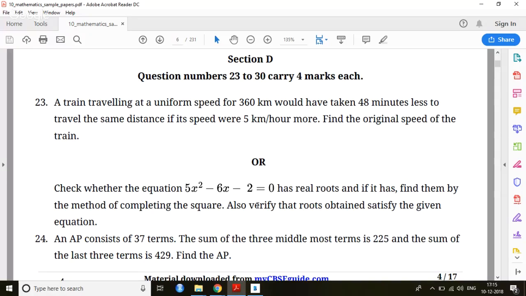So a1 by b1 is 3 by 5. Now the area of the triangle would be 1 by 2 a1 into a2 divided by 1 by 2 b1 into b2. Now a1 by b1 and a2 by b2 are the same. So a1 into a2 divided by b1 into b2 can be taken as a1 square divided by b1 square. That is how it is proved.